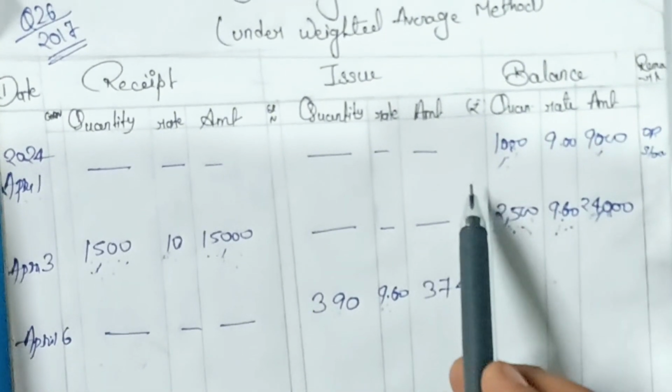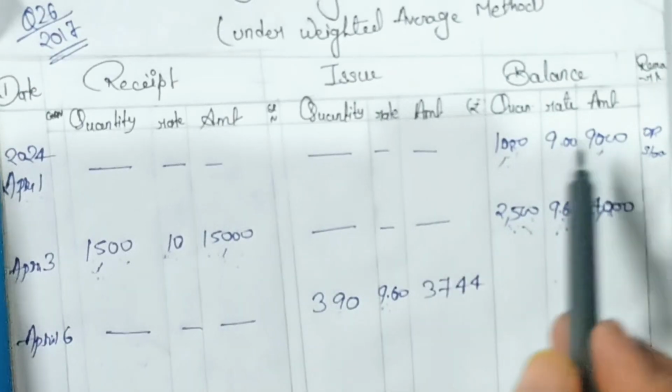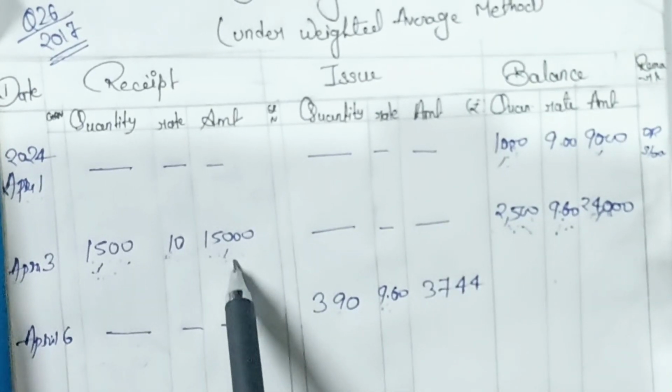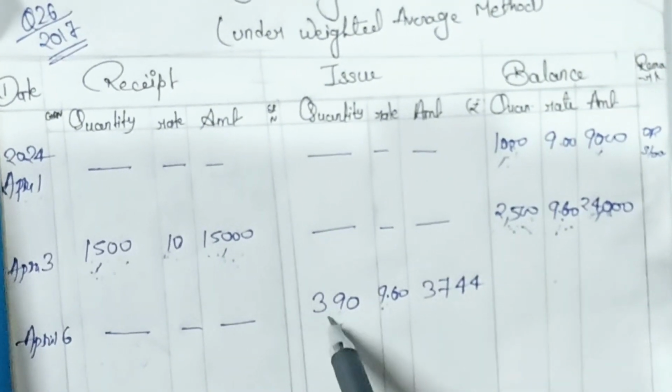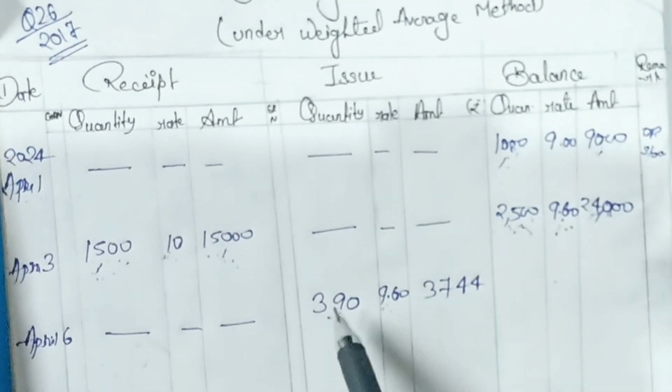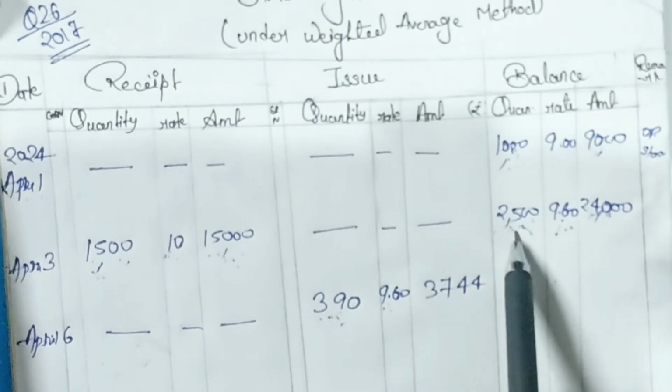I have already told you that at the time of receipt, we have to add quantity with quantity and amount with amount. When there is a transaction of receipt, a transaction of purchase, you can say. Similarly here there is an issue, so we have to subtract.